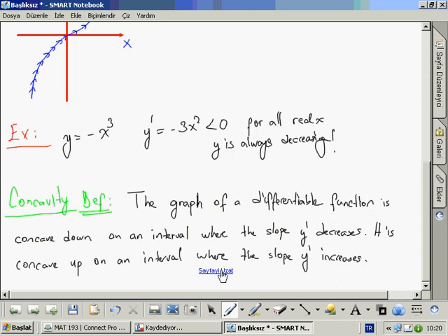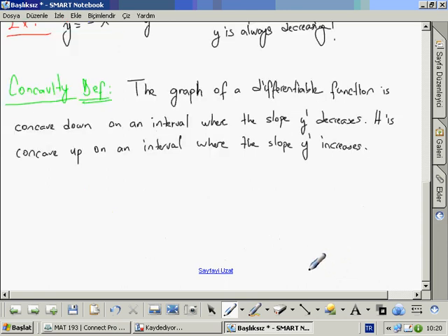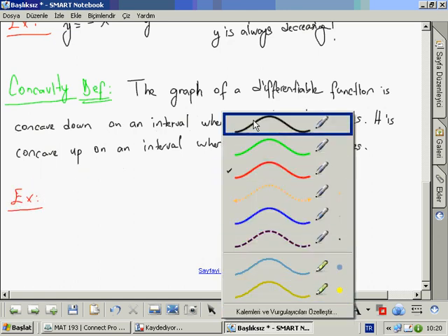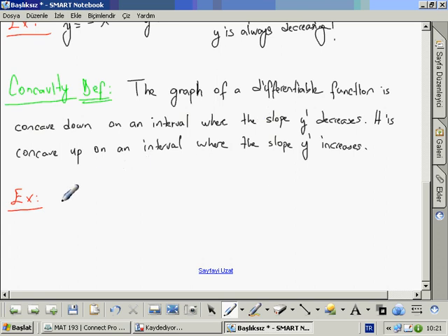Okay. Example: y equals x cubed. We know that y prime, which is equal to 3x squared, is larger than 0, and we said that y is increasing.